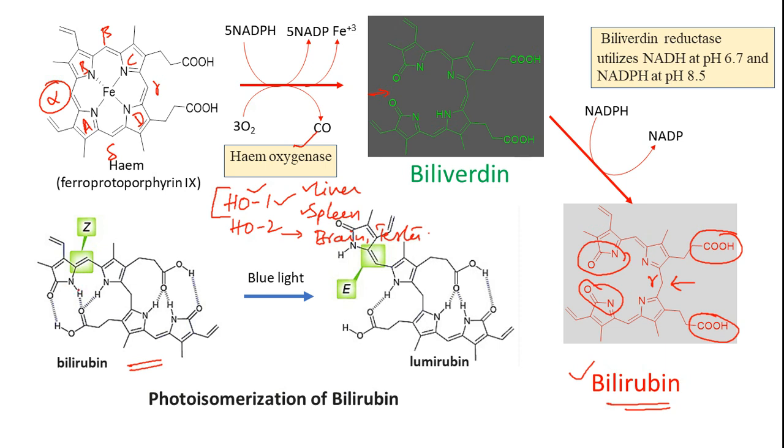Okay, so in this kind of arrangement you will not see any exposure of the polar groups to outside environment. So for the outside environment, whatever that we can approach, the entire molecule is totally lipophilic in nature. The polar functional groups are buried inside. So that's the reason why bilirubin is highly lipophilic.